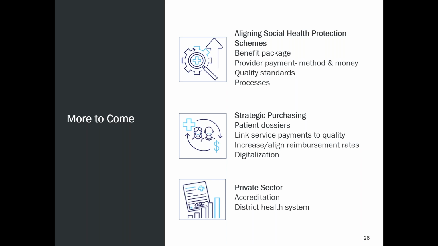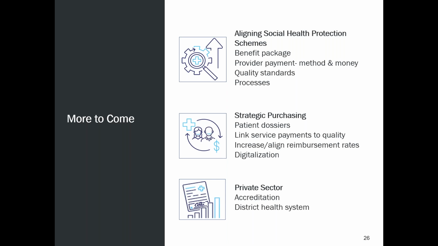So another recommendation, a major one, and the link to the next recommendation about strategic purchasing, is to align both schemes, the Health Equity Fund for the poor and the social health insurance for the formal sector employees, to align the benefit package. At the moment, there's an incentive for healthcare providers to prioritize social health insurance beneficiaries because they pay more.